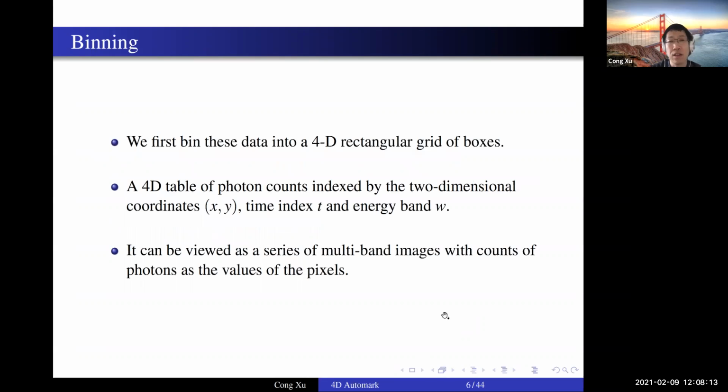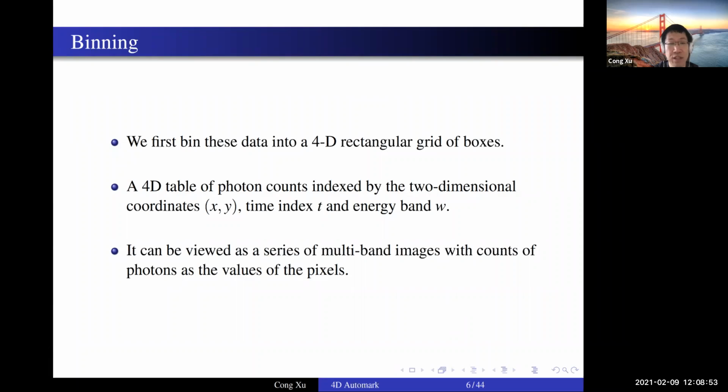Okay, so first thing, we want to bin this data set into a 4D rectangular grid of boxes, based on the two-dimensional coordinates, time, and also the energy. Finally, we have a 4D table of photon counts, and the indices are the two-dimensional coordinates, time index, and the energy band. After this kind of binning, this new 4D table can be viewed as a series of images.